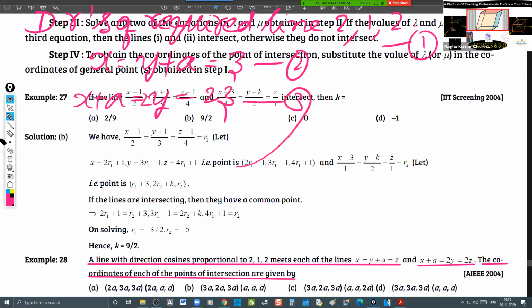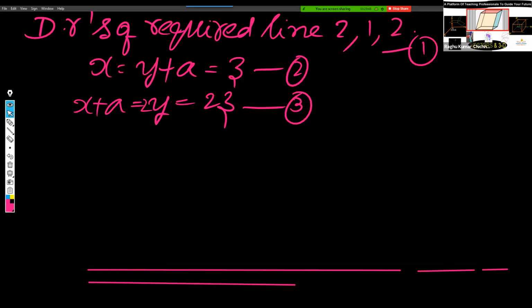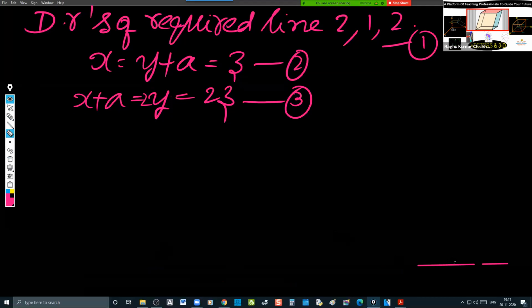Both of you, please understand the question. What is it saying? The first line is intersecting these two lines, and what he is asking for is the point of intersection of line 1 with 2 and 3. Let me show you that.